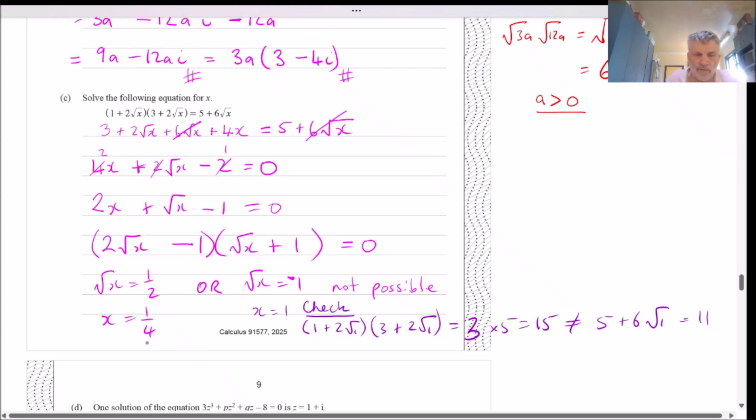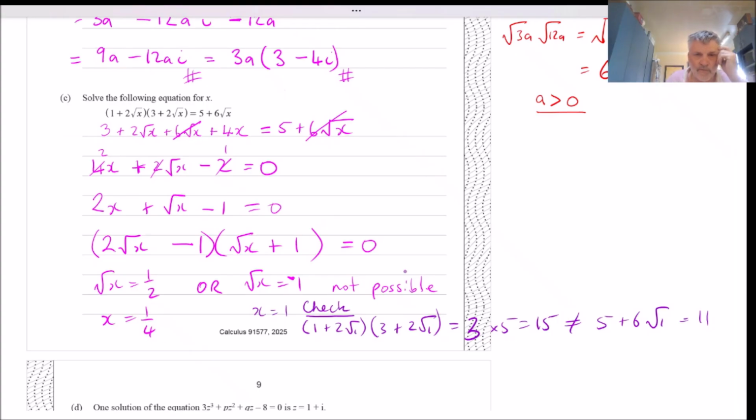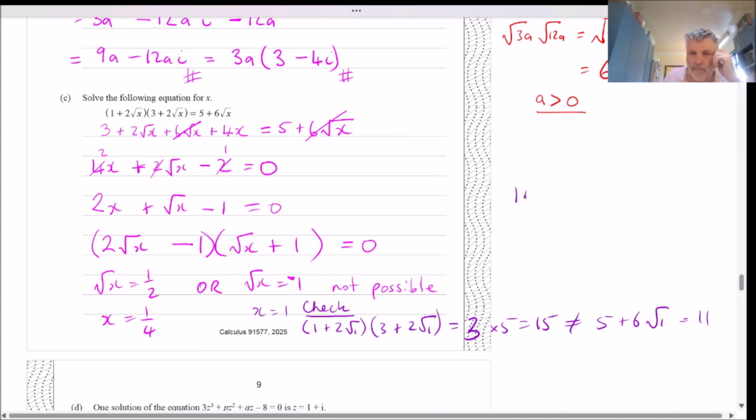Now this one here, though, it will check out. So, well, let's put it in. 1 plus 2 root a quarter, 3 plus 2 root a quarter. Square root of a quarter is a half. Half of 2 is 1, so this is 1 plus 1 is 2. And this is 3 plus 1 is 4.